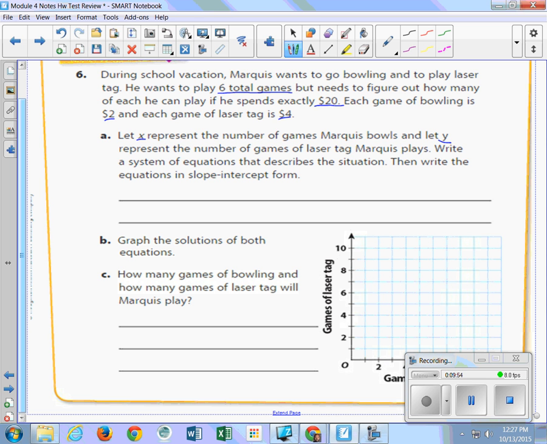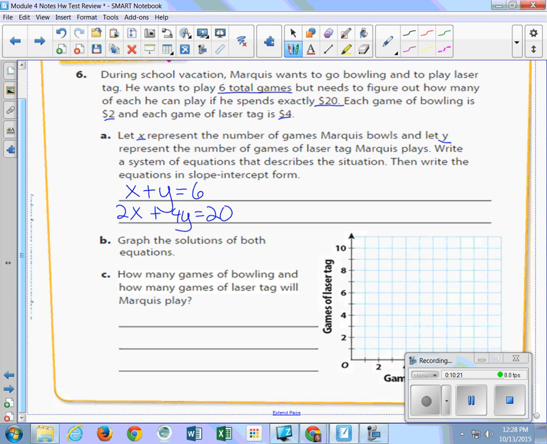So just like on the hot dogs, we have X number of bowling plus Y number of laser tag equals 6 total games. And it was $2 for bowling and $4 for laser tag. If we add that together, it has to equal $20.